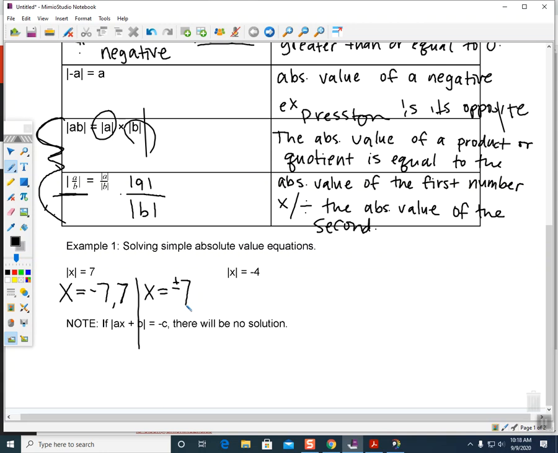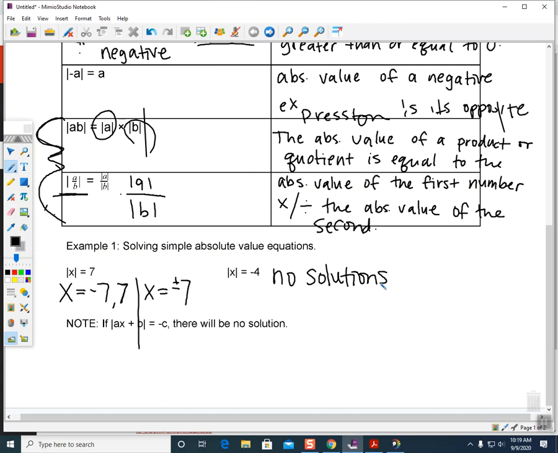The next one then, the absolute value of x equals -4. I said the absolute value of something can never be negative, right? Never, never, never be negative. So this is an example of a no solution. We talked about no solutions in the last section, 1.3. And so this is our example of no solution when it comes to absolute value.